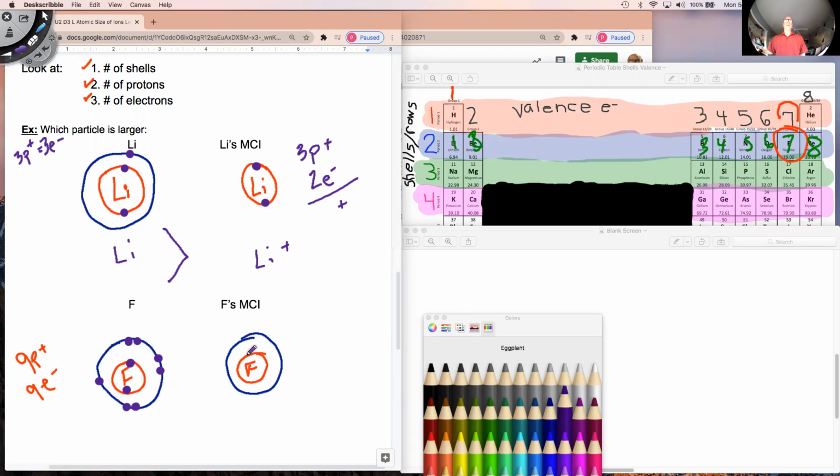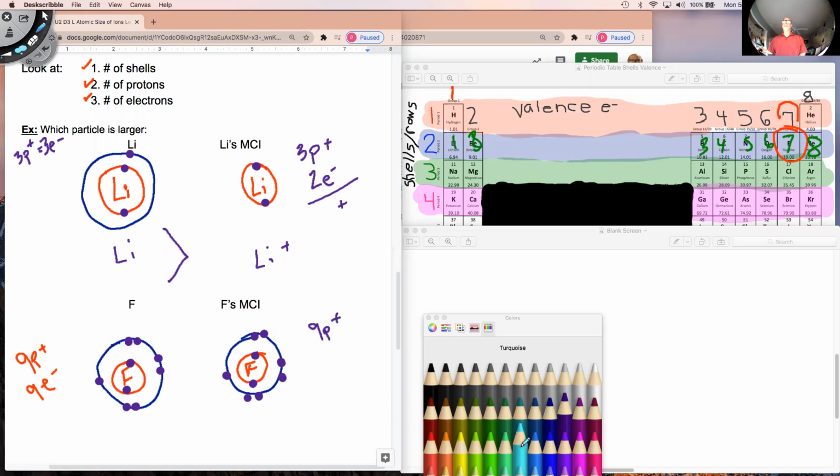Fluorine has 9 electrons. 1, 2, 3, 4, 5, 6, 7, 8, 9. Fluorine has 9 protons, so we have 9 protons. But what would be the most common ion?